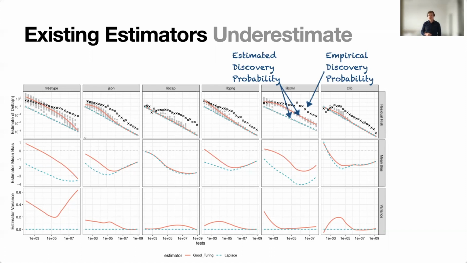So if a security engineer has some kind of allowable residual risk and would use this estimation to decide when to stop, and when the estimated residual risk drops below a certain threshold, then she would stop the campaign substantially earlier, orders of magnitude earlier than she should terminate the campaign.